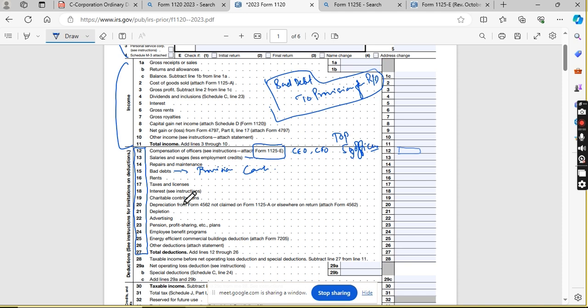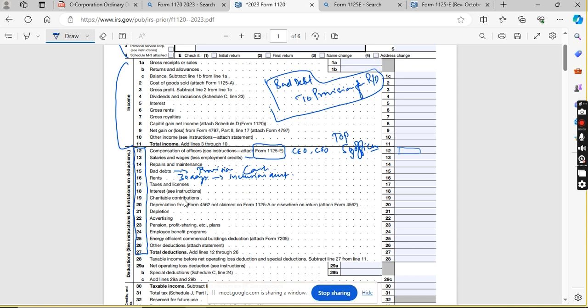For cars on rent, there is a special clause. What is the special clause for cars on rent? If you are renting a car for more than 30 days, you have to reduce the rental deduction by some amount, and that amount is known as the inclusion amount. This is specifically for those who take cars on rent for business purposes, or for business and personal purposes, or solely for business.